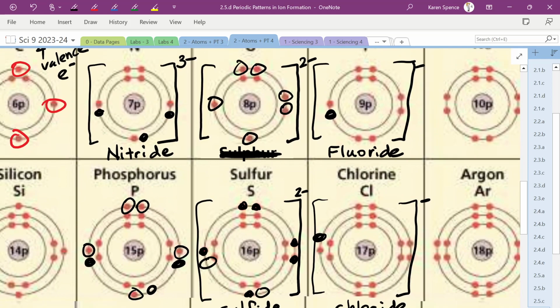It gets pretty squishy down at phosphorus, doesn't it? It's pretty big. Phosphorus becomes phosphide.